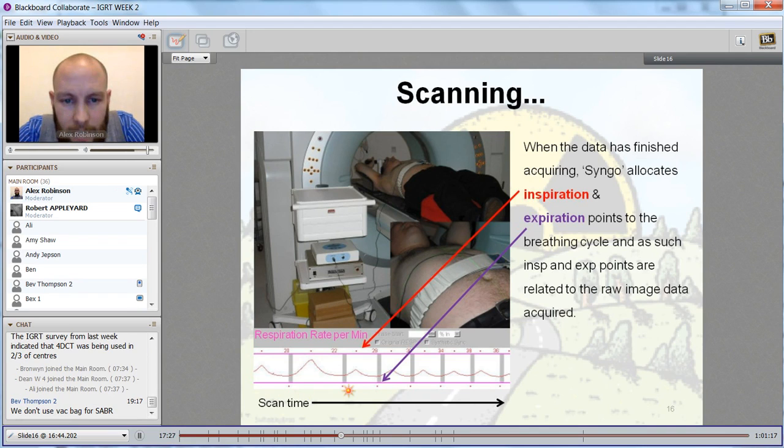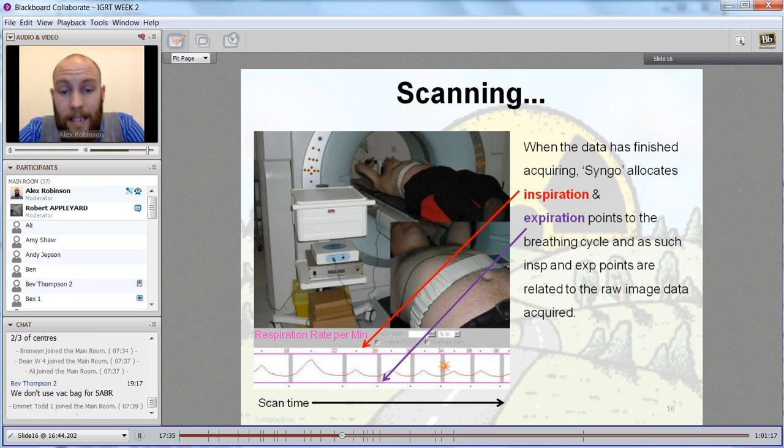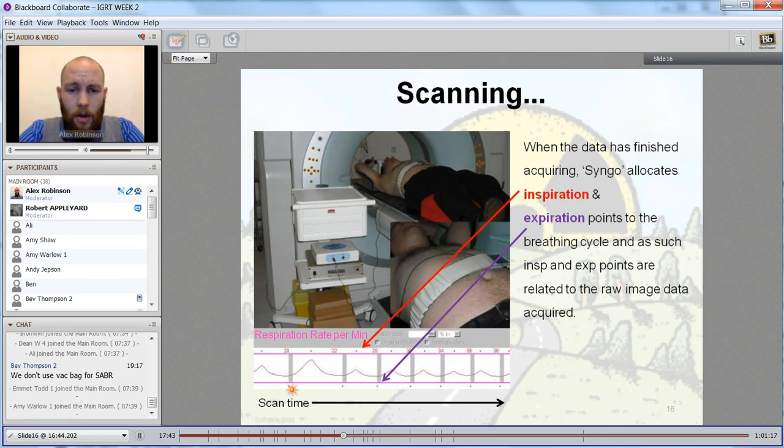At the moment, you can see these grey lines along the scan. This is showing us where 40% inspiration is on the patient. Once the scan's done, all the computer system does is go through and choose to only look at the axial images at these given times.